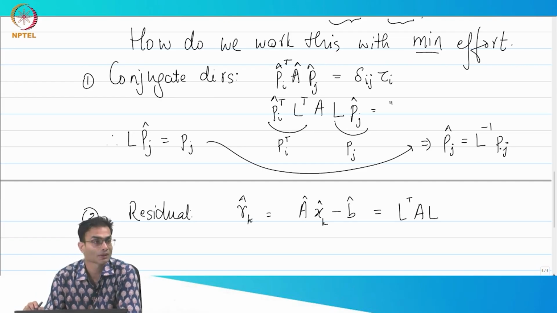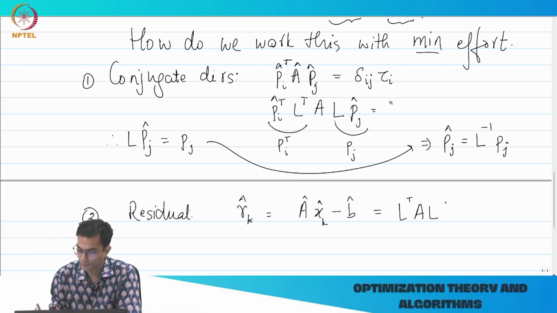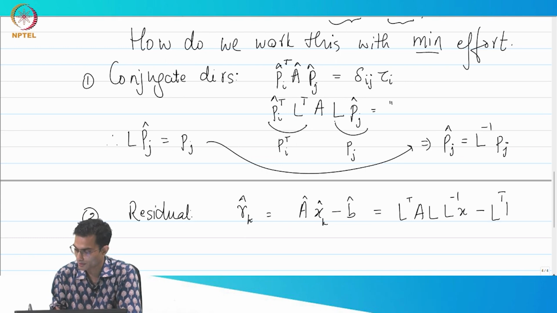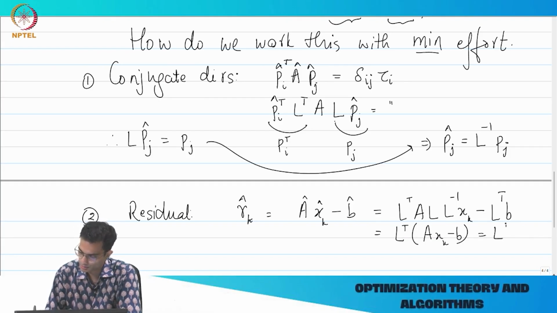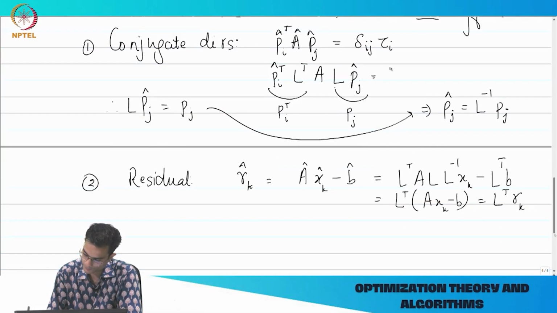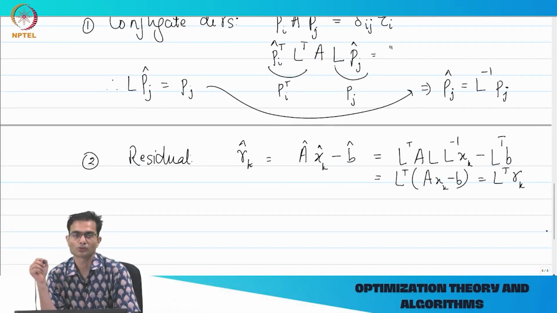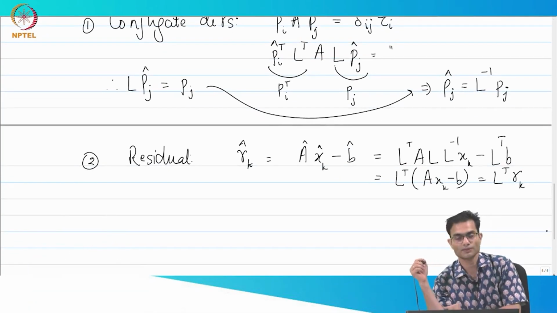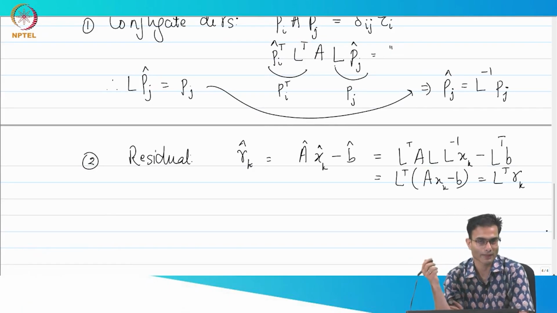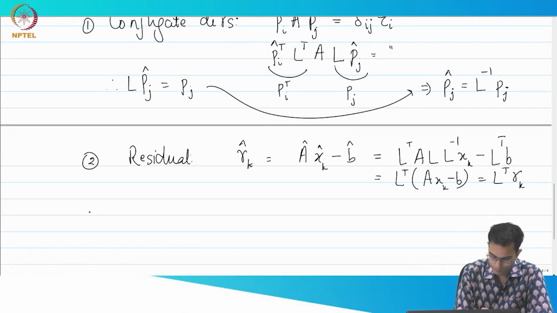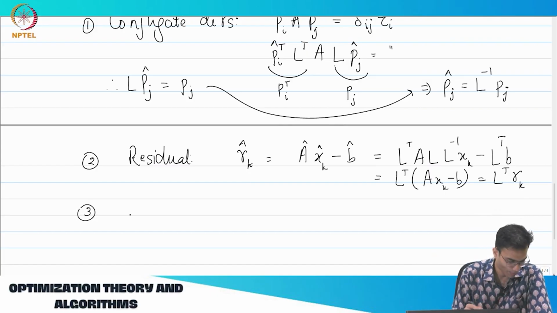X hat was L inverse x, and B hat was L transpose B. So if I take L transpose common, what do I have? Ax minus B, L transpose Rk. Okay. So the new residual is given in terms of the old residual, and there is a factor L transpose over there.